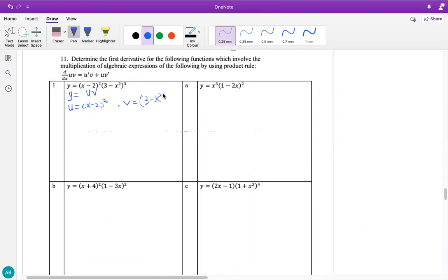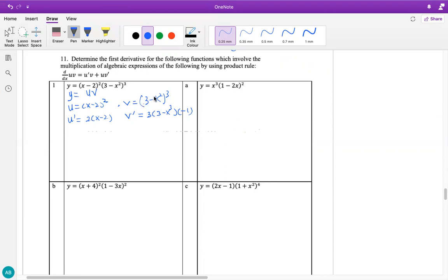3 minus x squared over 3, right? So we differentiate u prime. So you get 2x minus 2, and then you differentiate inside, you get 1. So it will get 2 times x minus 2. Then you differentiate v prime, you get 3 times 3 minus x cubed, and then multiply negative 1 because, sorry, let me see.